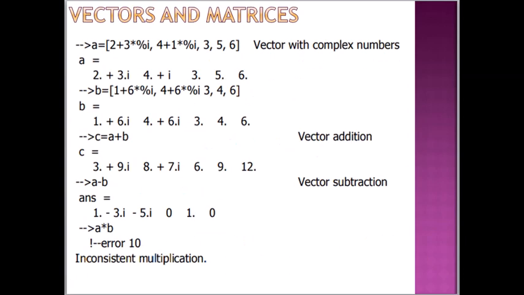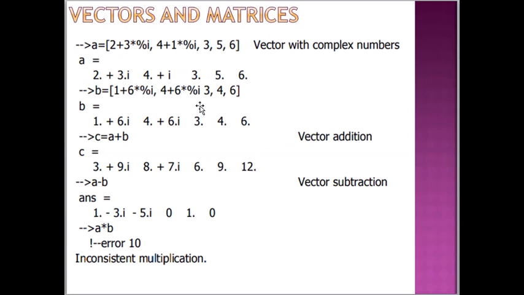And if we need to write a vector with complex numbers, we can write a is equal to 2 plus 3 into percent i. Similarly, if we write b is equal to 1 plus 6 star percent i, where star shows multiplication and percent i is for the complex variable, then we get the vector.